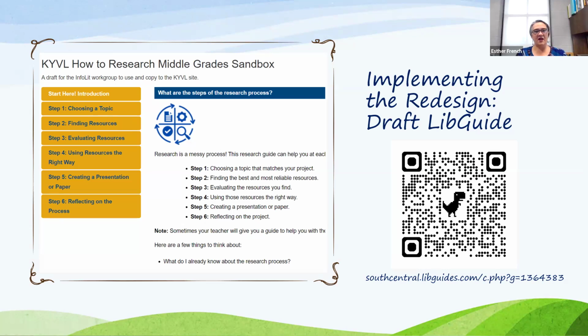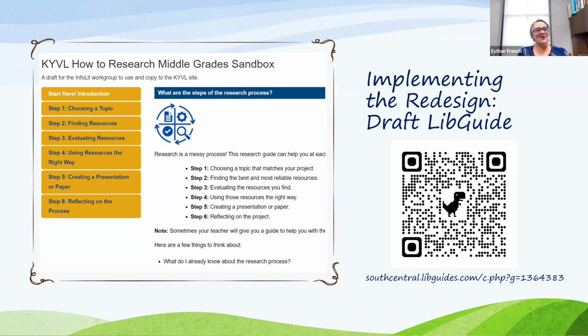Enid had to give us access to the KYVL guide. I can't remember exactly who was editing. I think it might have been Carla Redden and I in there doing some of the editing and plugging in initially. And so she had to give us admin access basically to get in there and do that. Now that's trust, giving people admin access to your guide.